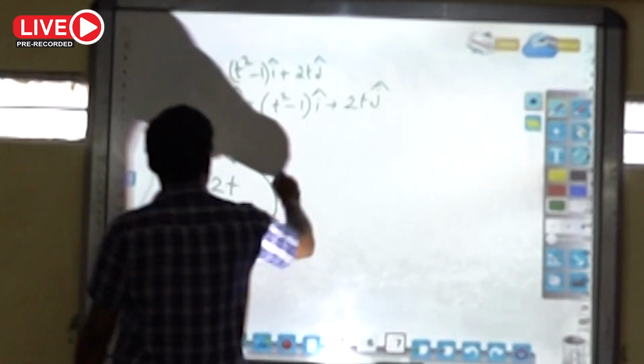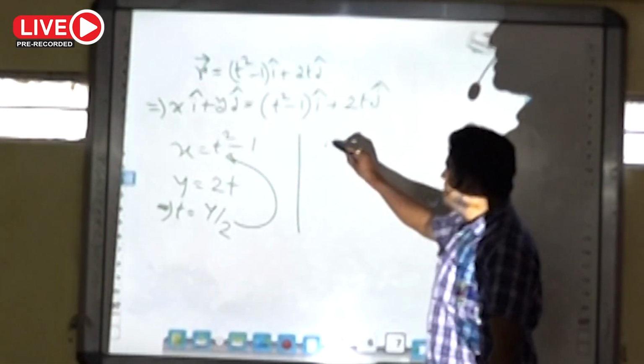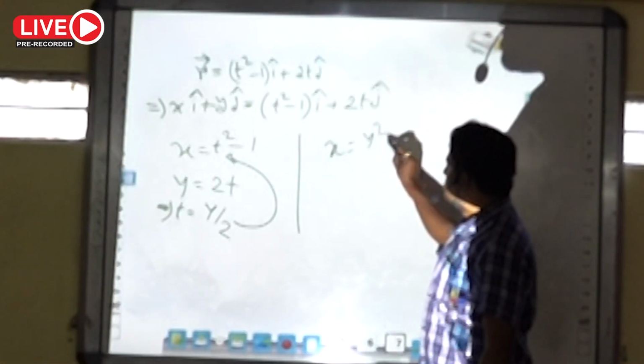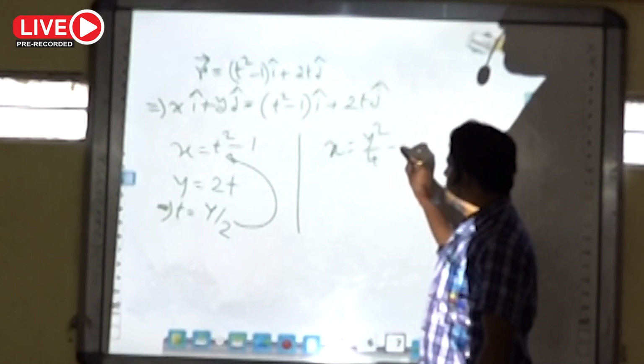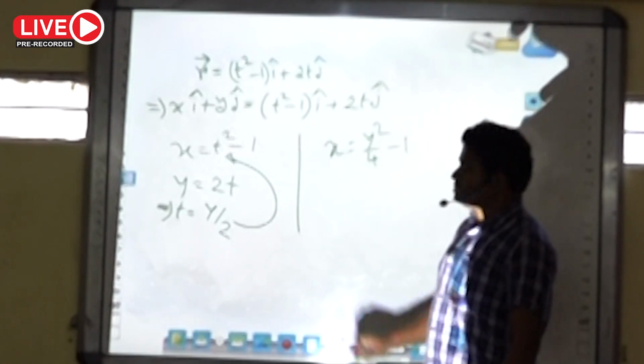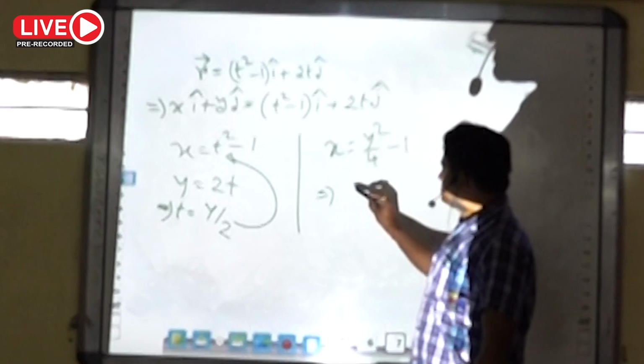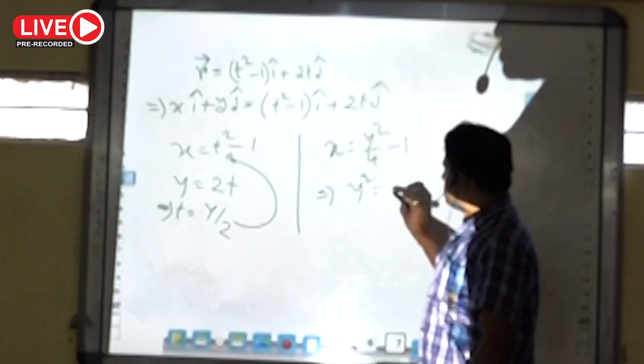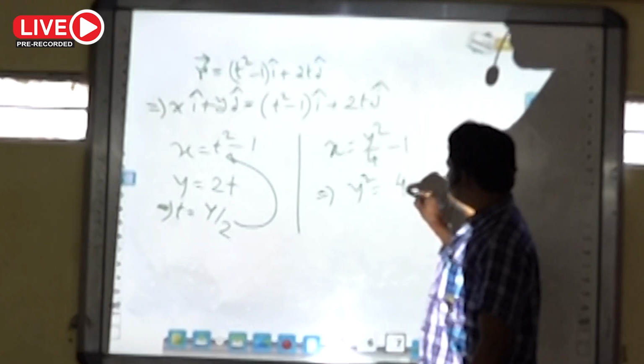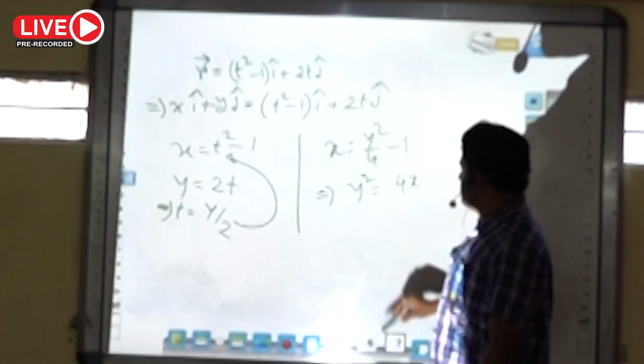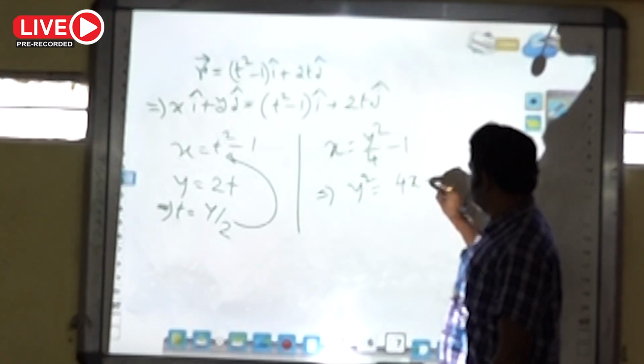So it will be x equal to y square by 4 minus 1. So we can simplify this by writing y square equal to 4x plus 4.